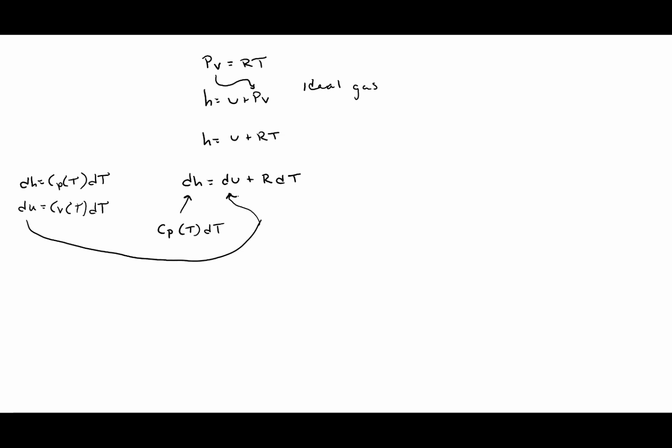So this equation becomes C sub P(T) dT is equal to C sub V(T) dT plus R dT.